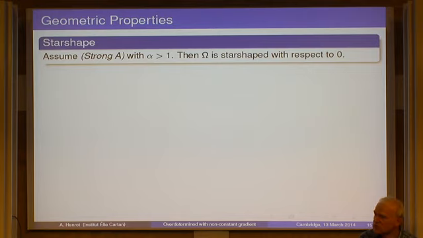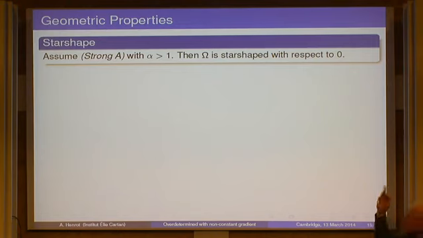And the origin, which is the point where J is 0, because J is homogeneous, plays a particular role. And then it's well known that a domain omega is star-shaped with respect to the origin if and only if t omega is included in omega for any t between 0 and 1. So it's a way to define star-shapedness.